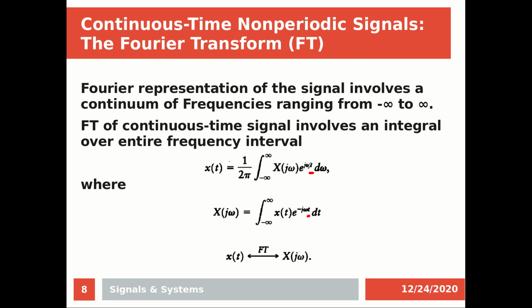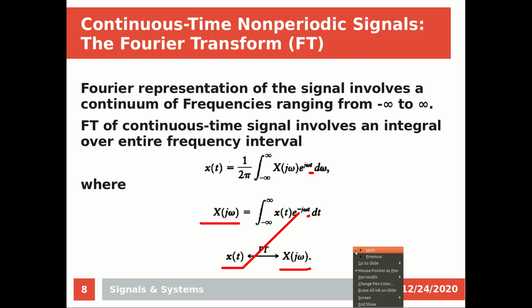So here you just have e to the power j omega t, and here minus j omega t, to find the frequency domain. You will see the minus in all of them in the equations. Okay, and again all of the Fourier series and Fourier transformation is reversible. So if you have the time domain, you can get the frequency domain. If you have the frequency domain, you can get the time domain.